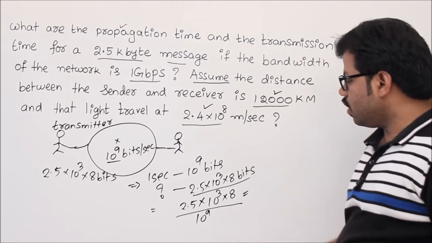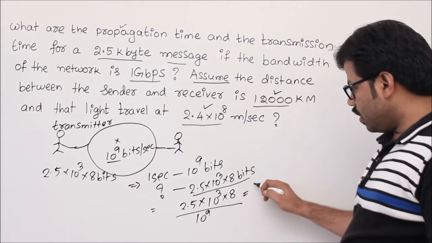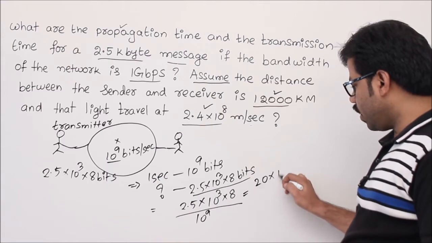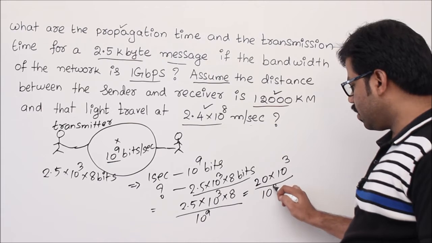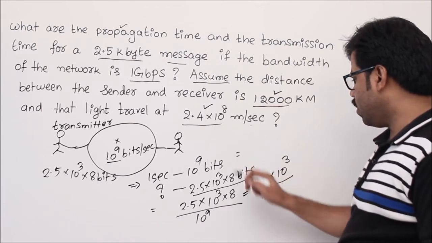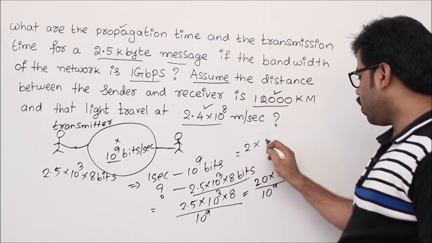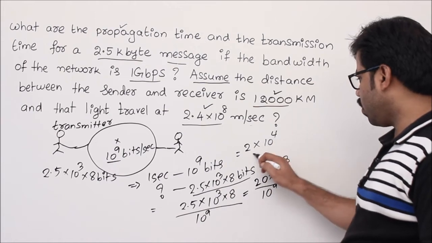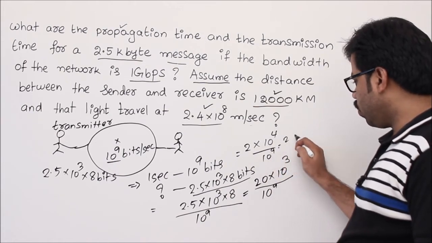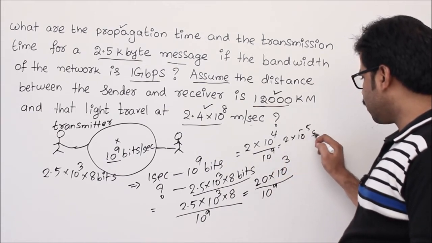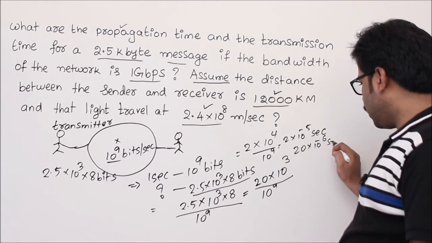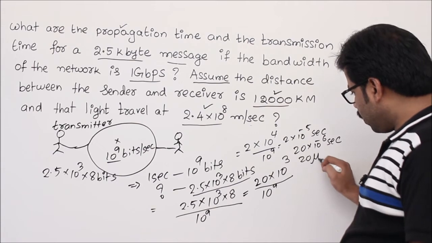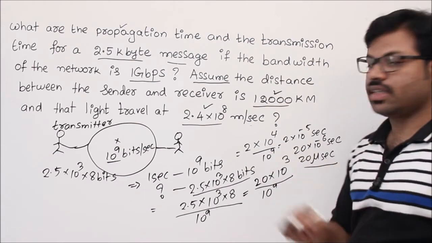So it will be 2.5 into 8 is 20, 20 into 10 to the power of 3 by 10 to the power of 9. If you simplify it, you get 2 into 10 to the power of 4 by 10 to the power of 9. It will be 2 into 10 power minus 5 seconds. So I can write 20 into 10 power minus 6 seconds, which is nothing but 20 microseconds. So that is the answer.